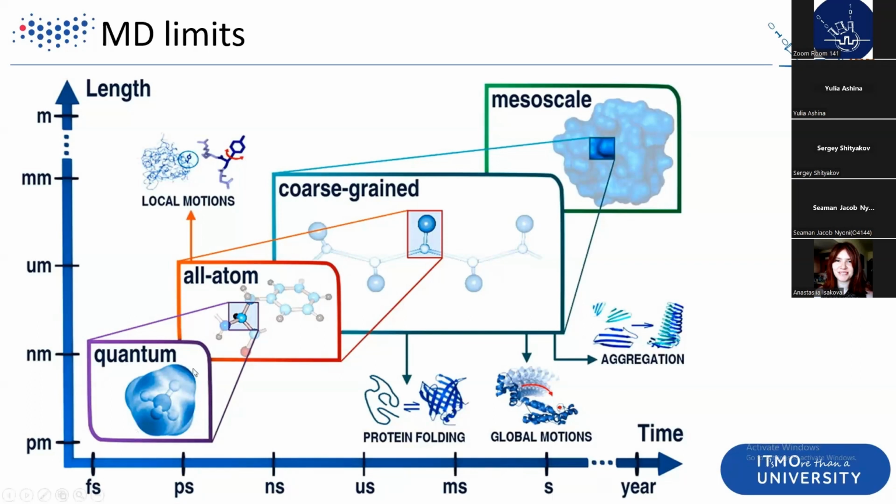Usually this binding site is represented by a relatively small number of residues. Then this area can be simulated by using quantum mechanics like DFT, and the rest is simulated by using the all-atom molecular dynamics. These techniques are also quite time-consuming, but they are possible.